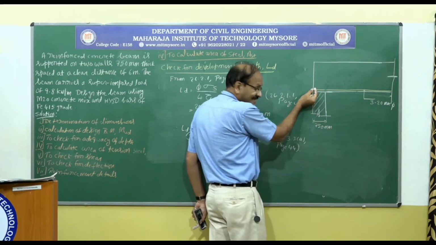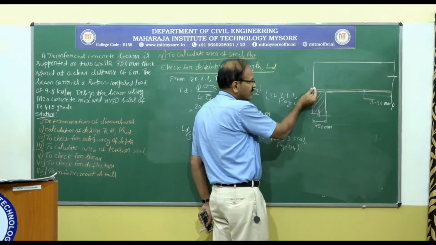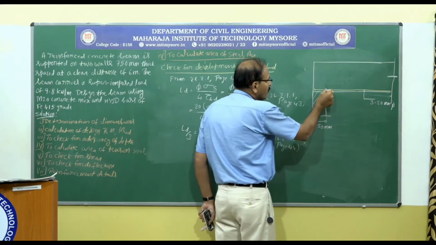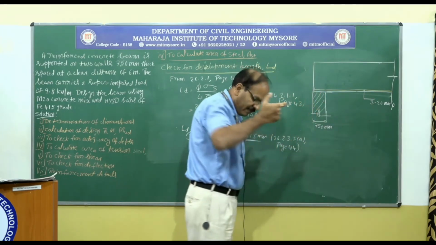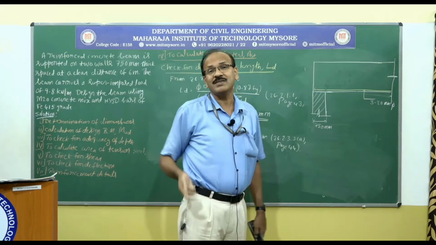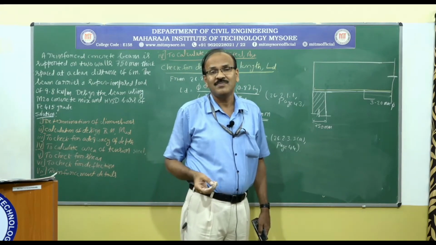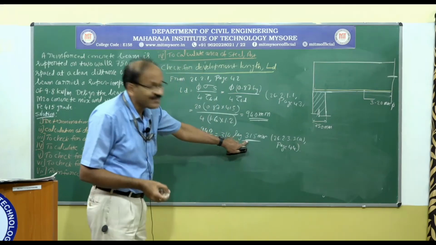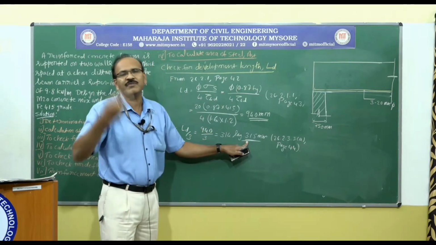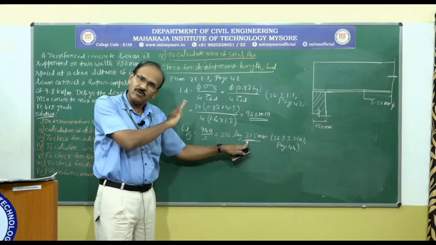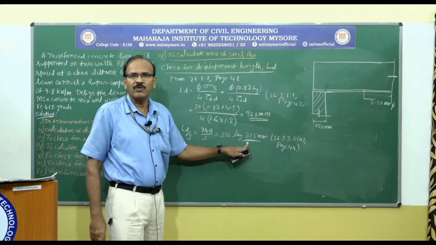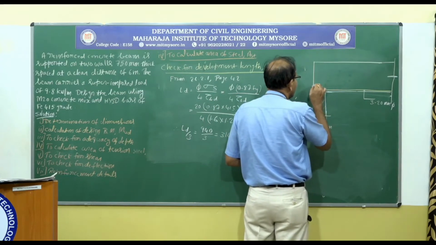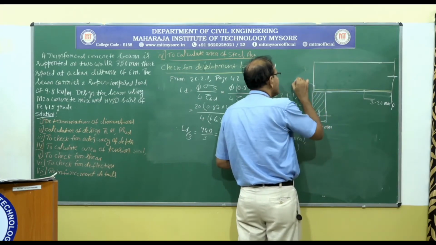If you take the side effective cover for the steel here as 50 mm, we have extended the bar for a distance equal to 700 millimeter. That 700 millimeter provided is greater than the minimum required of 315 millimeter. So we are okay.